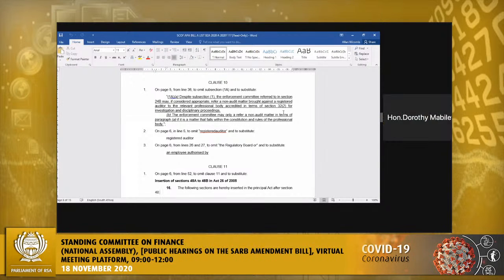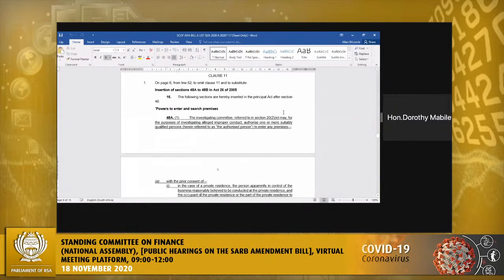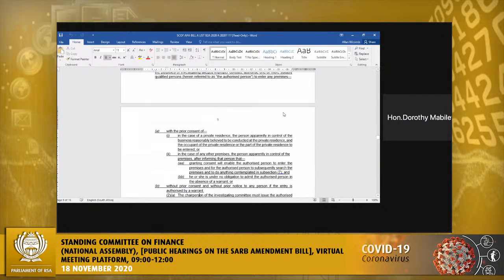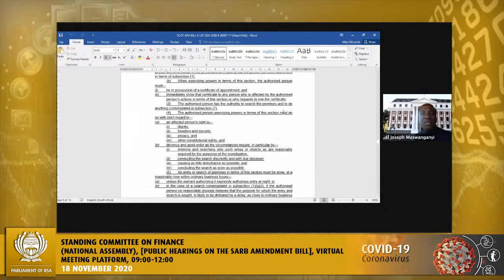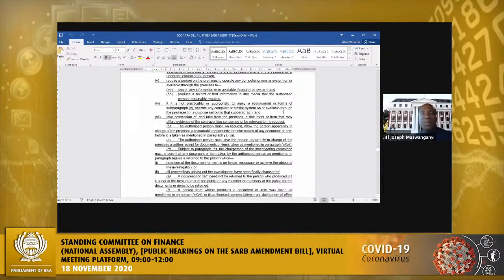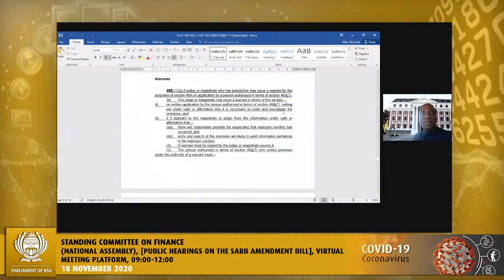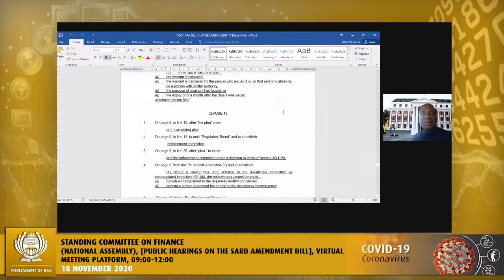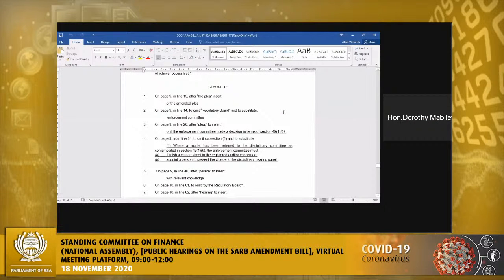Clause 11, insertion of section 48A to 48B in Act 26 of 2005. Agreed. Powers of search and seizure. Those are the powers of search and seizure. Agreed. The next clause is 12.